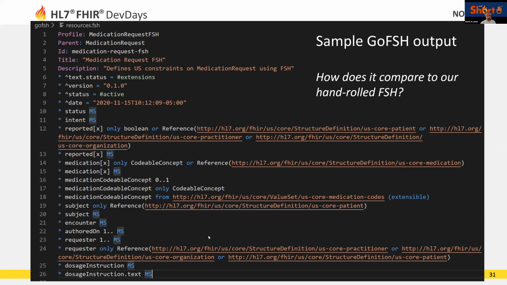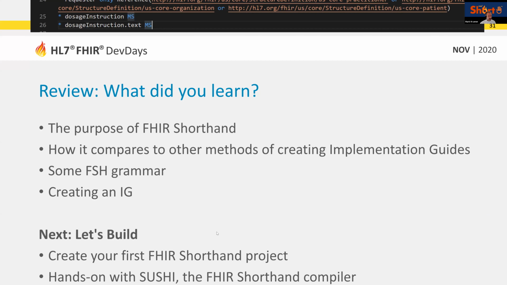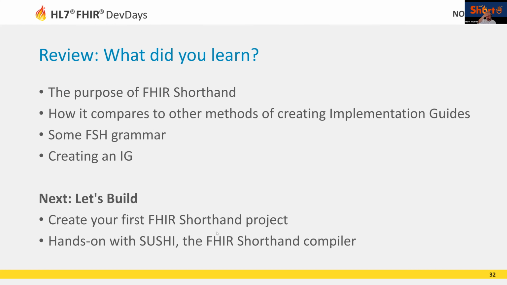So that's the end of this tutorial. I hope that you have learned what FHIR Shorthand is all about, and how it compares to other methods of creating implementation guides that you can also learn about during DevDays. I've introduced some FSH grammar, basically intuitively.